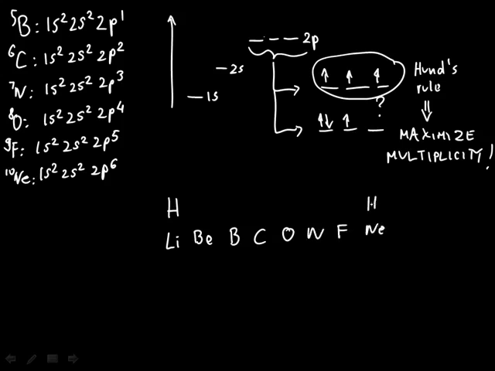And then let's see what their electronic configurations are. So this will be 1s1, 1s2, 1s2 2s1, 1s2 2s2, 1s2 2s2 2p1, 1s2 2s2 2p2, and so on. Sorry, nitrogen and oxygen have been switched.